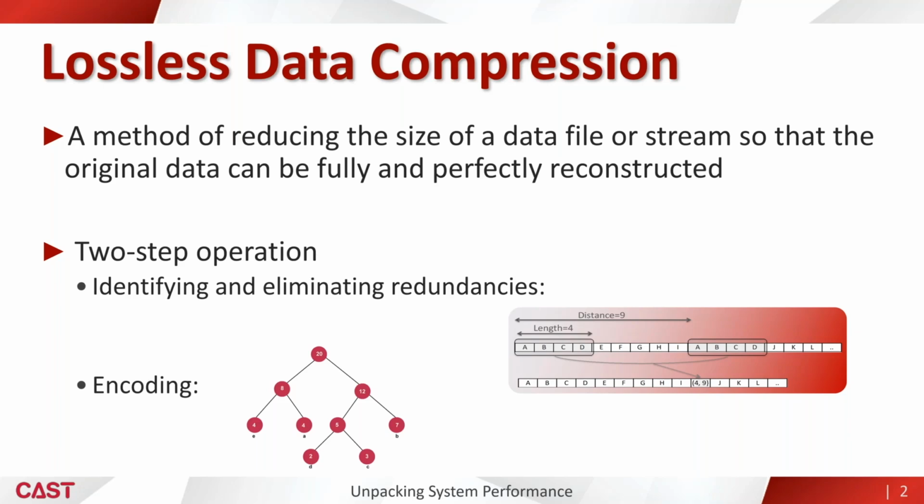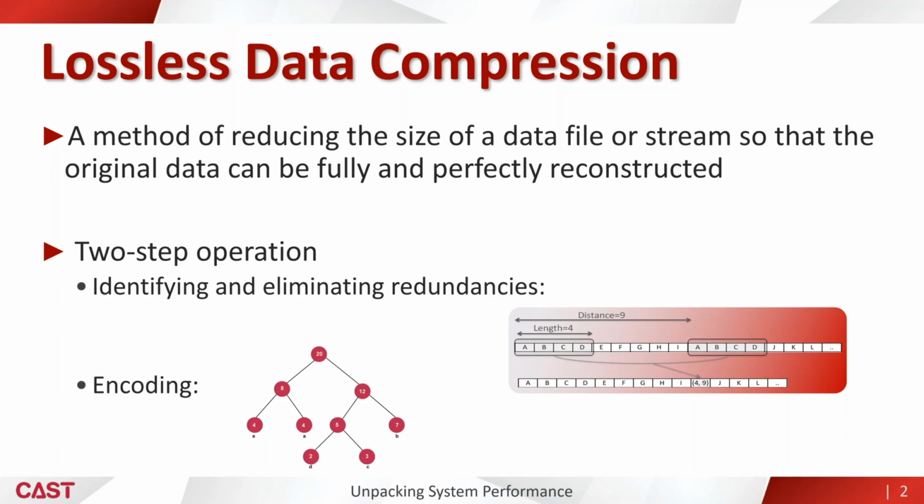The lossless data compression algorithms are usually a two-step operation. The first step is some kind of search algorithm. You define a history window in your data file where you identify patterns that are repeated, and thus you eliminate redundancies.